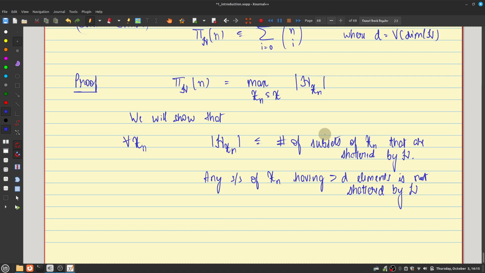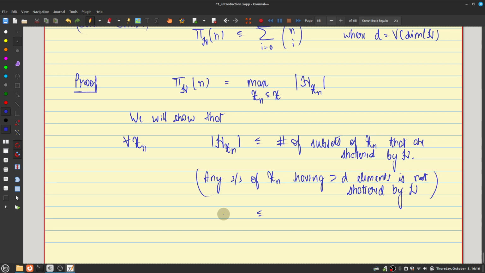So the number of subsets of xn which are shattered by H is at most the total number of subsets of a set of d elements. Right? It can't be any more than that.